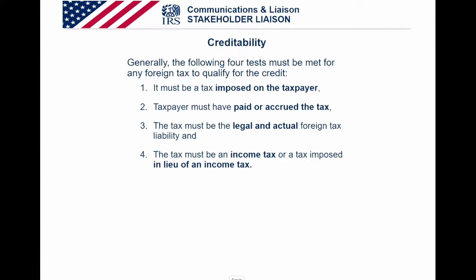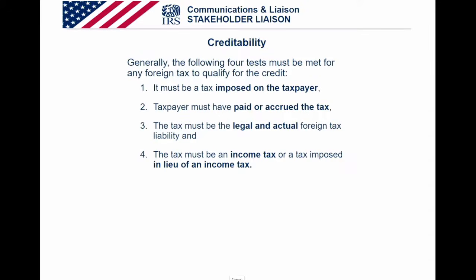Now, finally, the fourth bullet is that the foreign tax must be an income tax or a tax in lieu of an income tax. Now, whether a foreign levy is an income tax is determined independently for each separate foreign levy. And a foreign levy is considered an income tax if it meets both of the following requirements.